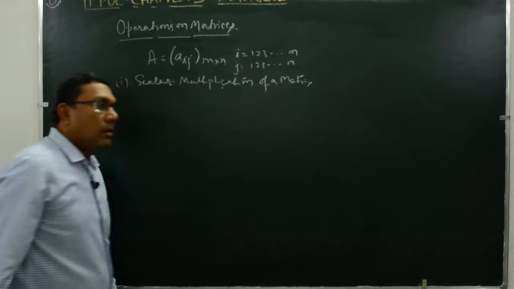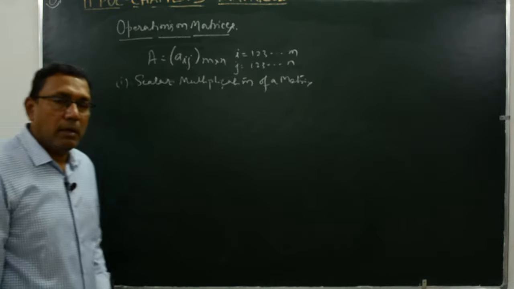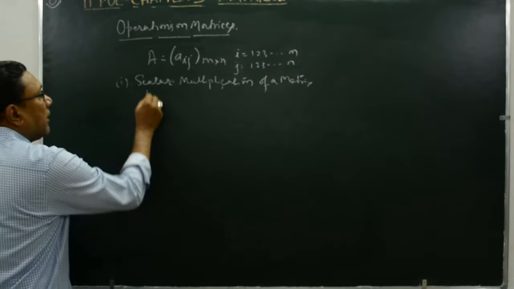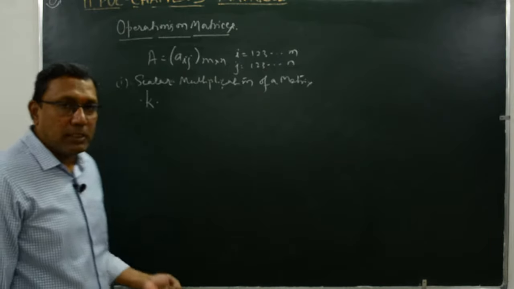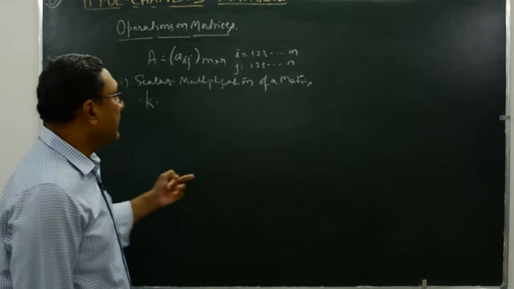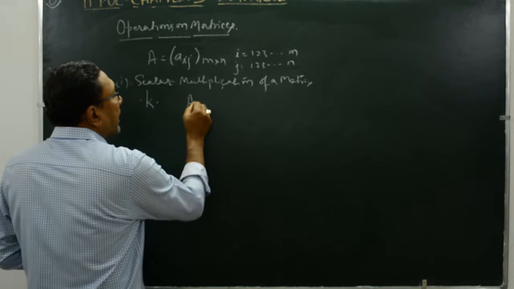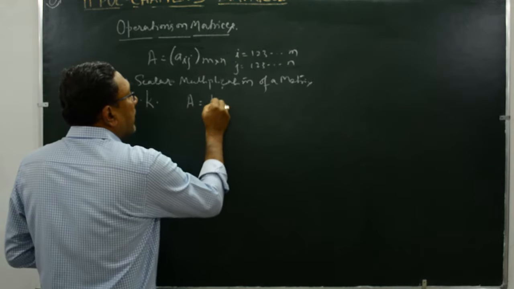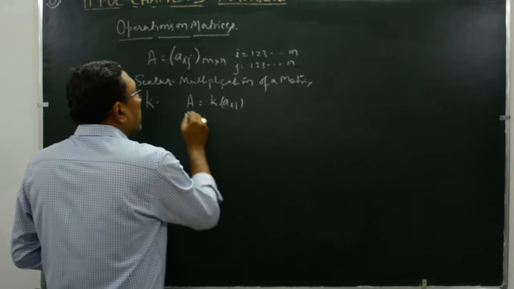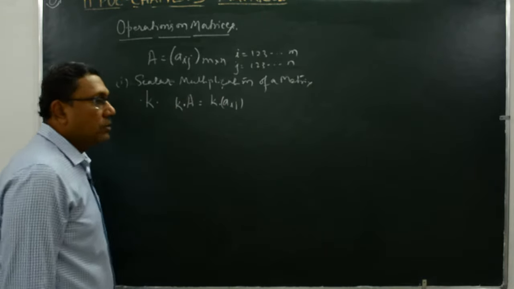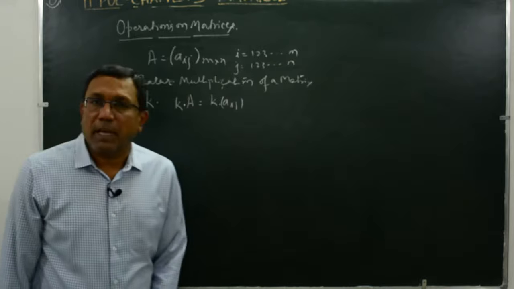What do you mean by that? Consider any constant k. If you multiply this constant k to a matrix A, then what do we get? kA is equal to k into Aij, which is the scalar multiplication of a matrix.